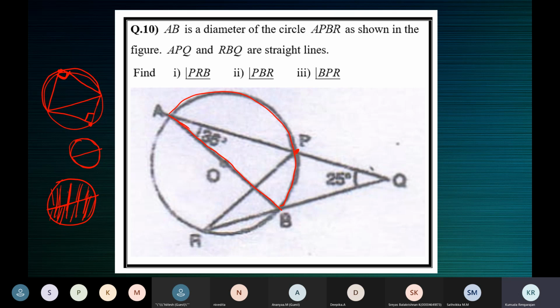This is the diameter because it's a chord passing through the center. This is the semicircle, and this is the other one below the chord.